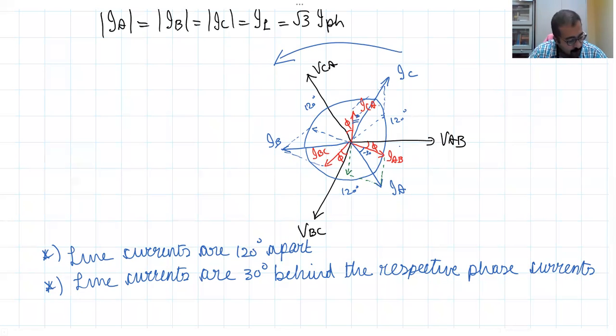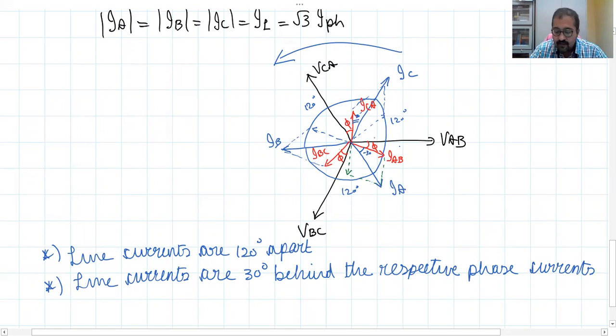Okay, now what is the angle between the line current and the line voltage? How much is the angle? 30 plus φ. Okay, because in a delta connection, line voltage and phase voltage are the same. So the net angle between the line voltage VAB and the line current IA is 30 plus φ, because this is φ and this is 30 degrees.